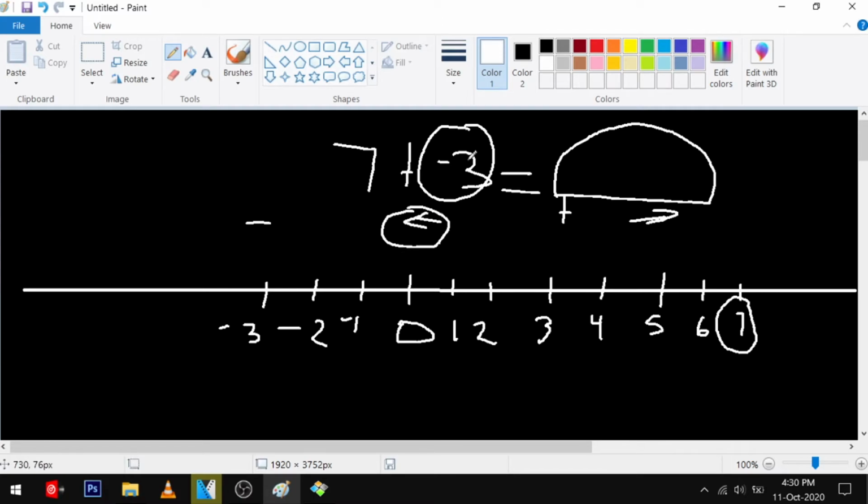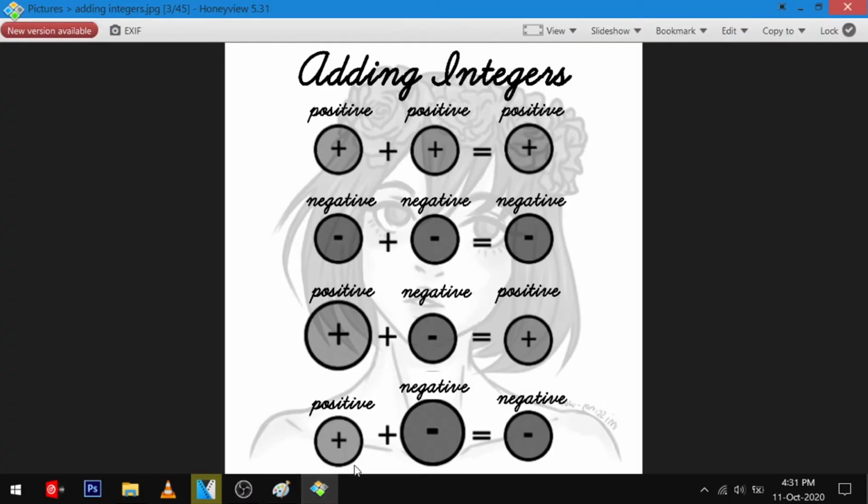So I am going to move -3 times. So 1, 2, 3. So my answer is going to be +4. And let's see if it makes sense with the rule.